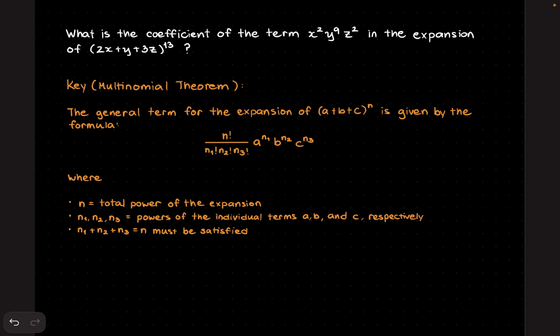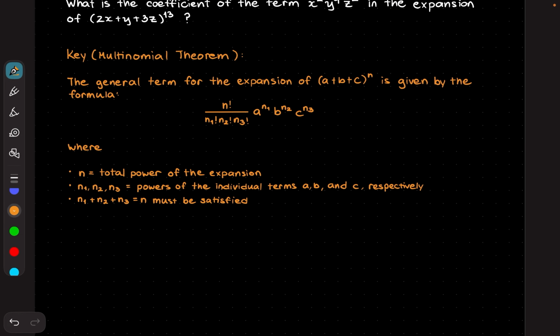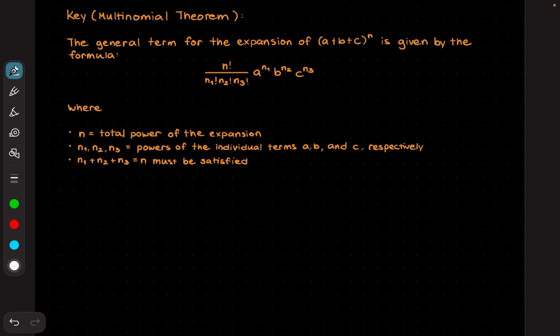Given this, since our goal is to find the coefficient of this term, we want this thing here to be equal to this, so that the remaining would represent the coefficient. On close inspection, this matches this form, so we will have the following to be able to apply the formula.